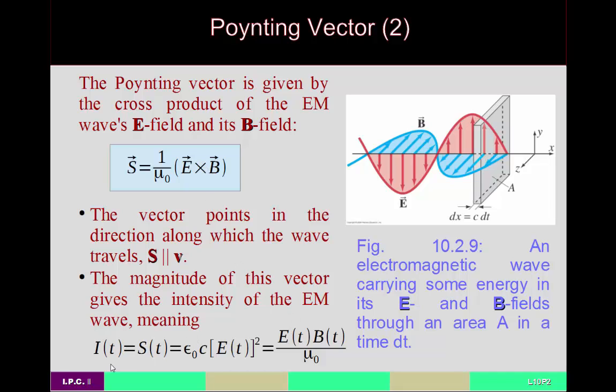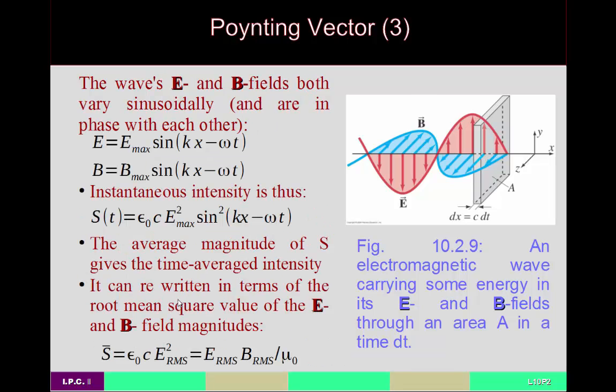So if you want to find the intensity, you find the magnitude of the Poynting vector, and that basically looks something like E of t times B of t over the permeability. Now, E and B, we established earlier, both have functions that look like sine waves.